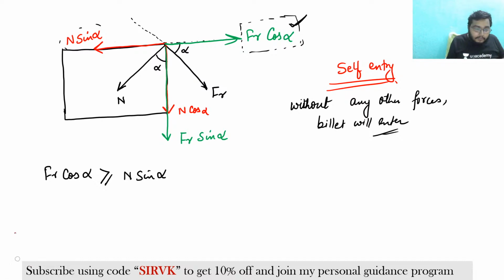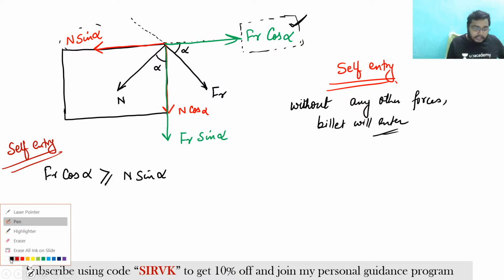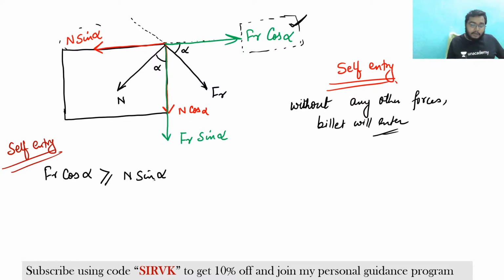Why? Because this is what we want, the self entry condition. Now if that is the condition, that Fr cos alpha is greater than or equal to N sine alpha, what I can write from here is that Fr by N should be greater than or equal to tan alpha.